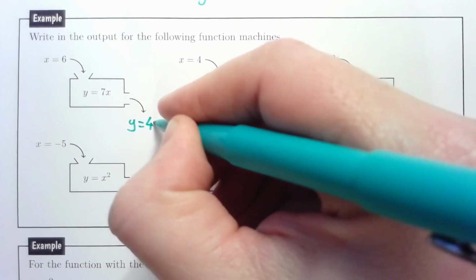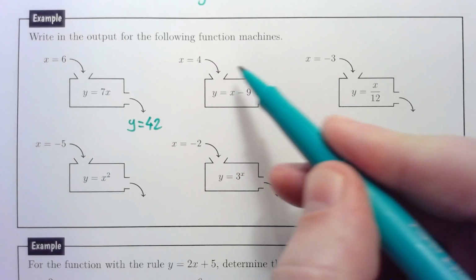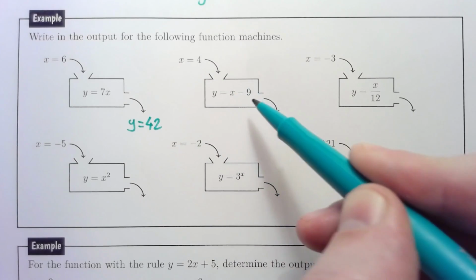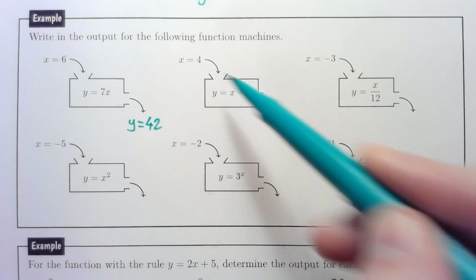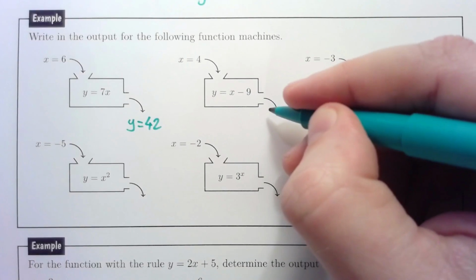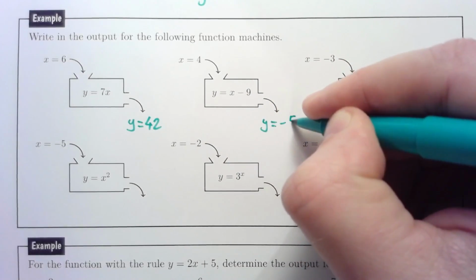So that's our output. For the next machine, the rule on the machine tells us that y is x take 9. For the input of x equals 4, we have 4 take 9, which is negative 5. So y equals negative 5.